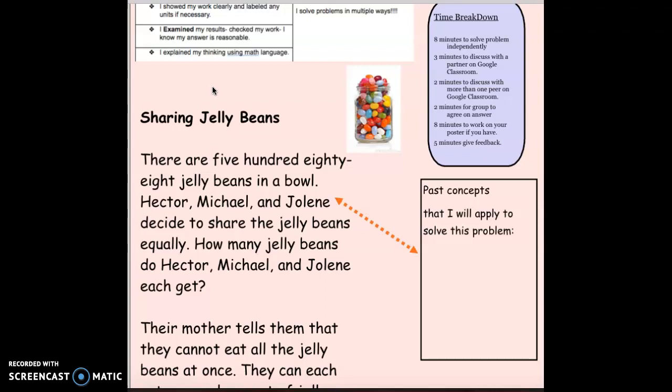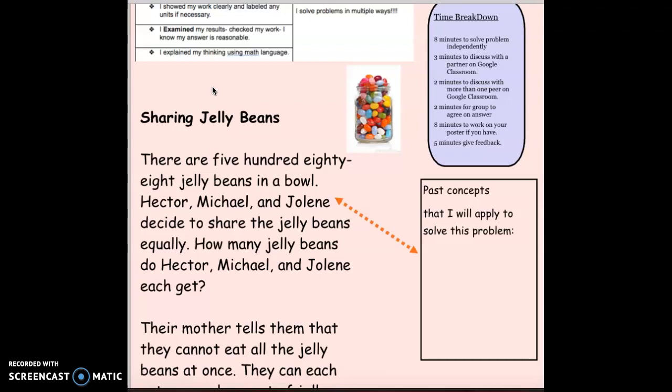Then I want you to invite a couple more peers to discuss the problem and your thinking about this problem. Lastly, take another 2 minutes with your group to agree on an answer. That is so important. This way you come to an agreement before you do your poster.